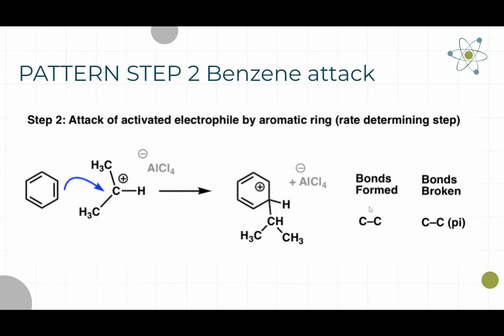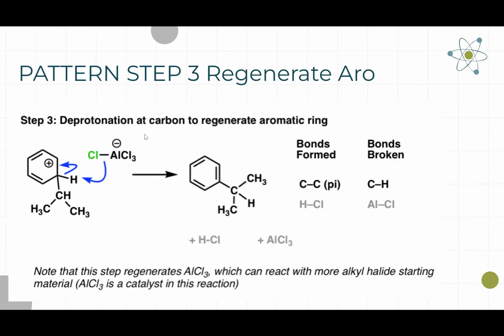Because you form a cation, you want to replace it again with the third step, deprotonating the H to give you back your aromatic compound. So you're regenerating the aromatic ring. Those are the only three steps that you need. As long as you know these three steps, you can do almost any of these electrophilic aromatic substitutions.